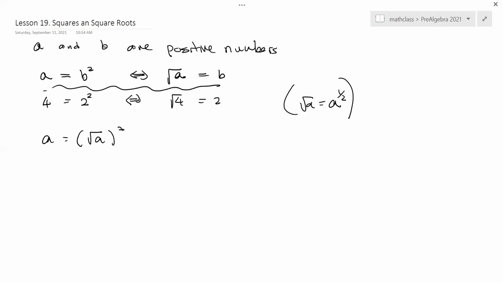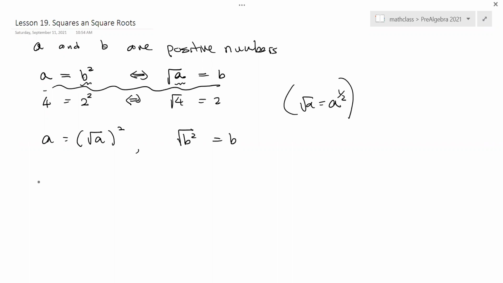Now, if I replace a on the right-hand side by b squared, I have this side. So a is replaced by b squared, then square root of b squared equals b. Those are very important formulas.